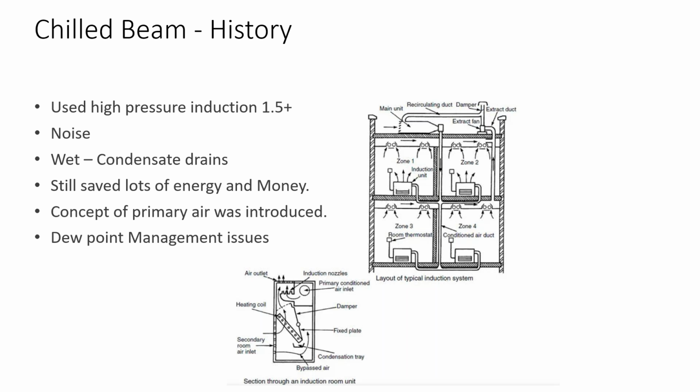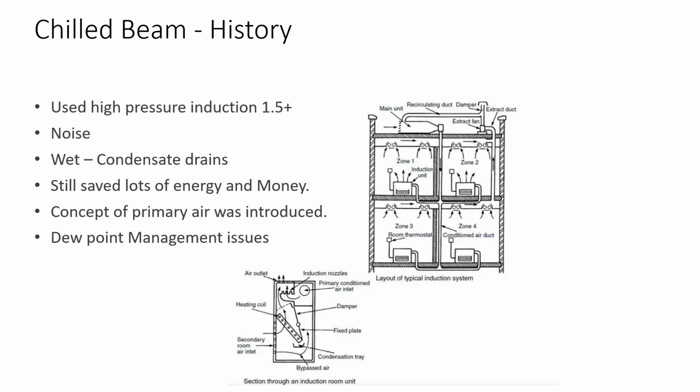But the induction units themselves were really kind of primitive in terms of some of the issues that came. One, it had pretty high pressure. The primary air going to an induction unit was anywhere from 1.5 inches of static plus. And when you walked into a room that had an induction unit, you knew that there was some air blowing.